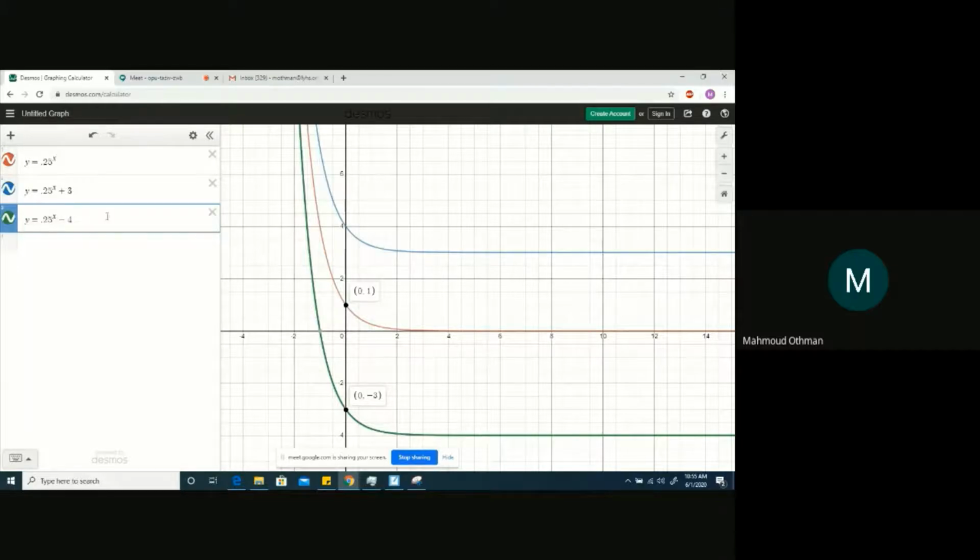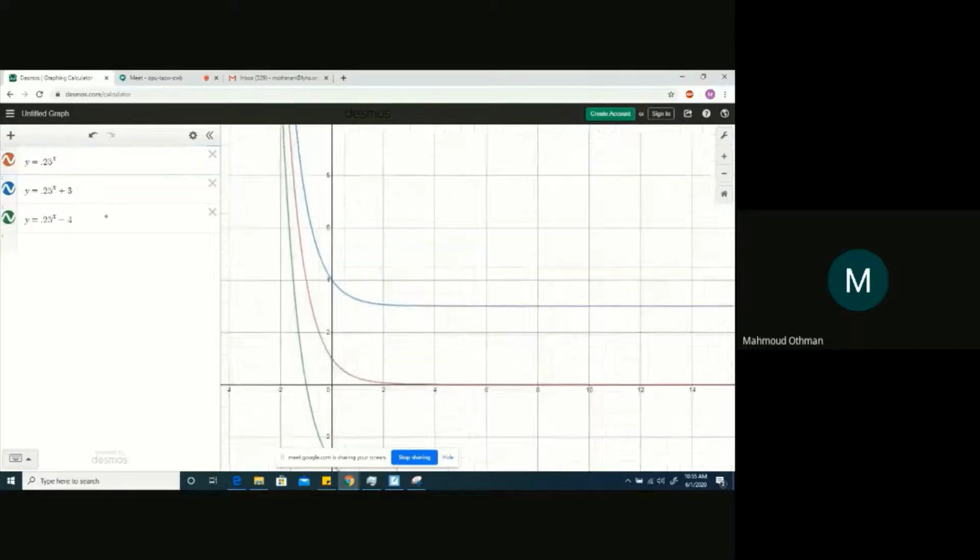So if this graph is shifted down 4, it's going to be (-1, 0). Like I said, it just got shifted down 4 units. Let's test out -2. (-2, 16) becomes 16 minus 4, which is 12.